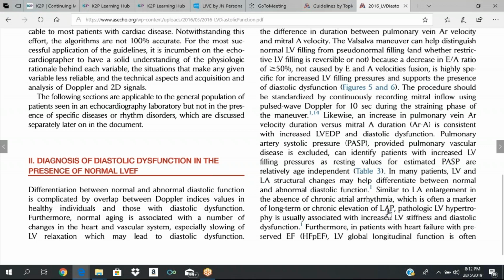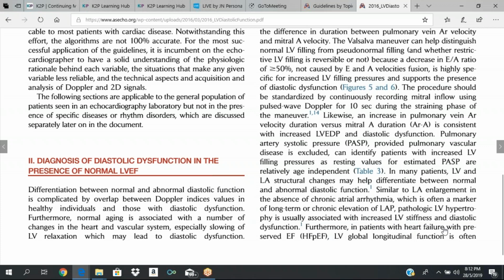So if you have no obvious cause for the left atrium to be enlarged, you can relate it to diastolic dysfunction. Pathologic LV hypertrophy is usually associated with increased LV stiffness and diastolic dysfunction.